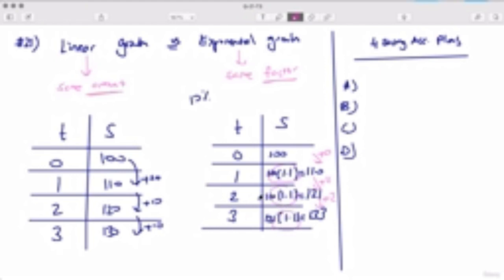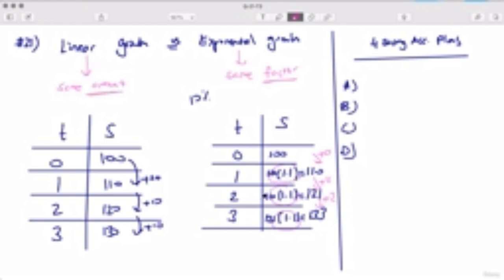Each year, to calculate the interest, I'm looking at the current money available in the account from the previous year, and I multiply it by 1.1, and that's what I get at the end of the next year. So there is 100 in the account. At the end of year 1, I multiply 100 by 1.1, I get 110. In year 2, at the start, I have $110 coming from the previous year.